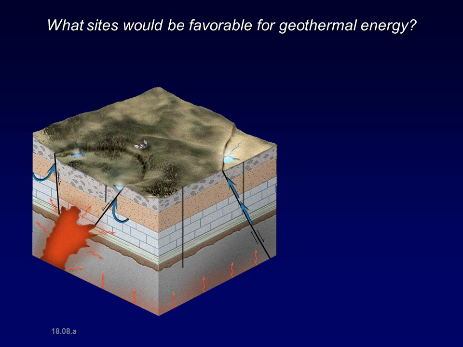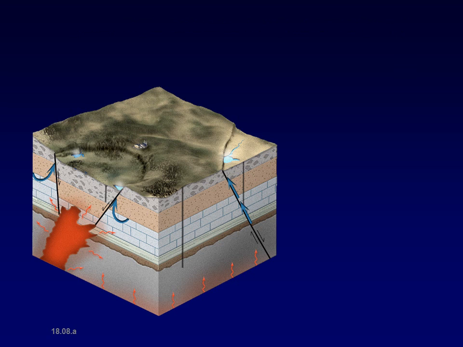The first one we're going to look at is geothermal energy. So what is geothermal energy? Geothermal energy is heat from the earth. So it's heat coming off of magma chambers, working its way up to the surface.